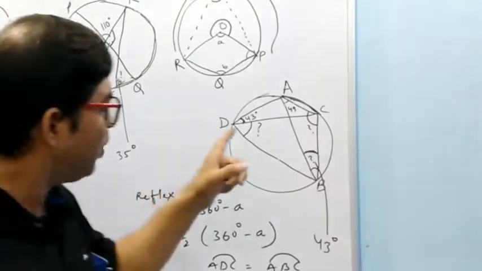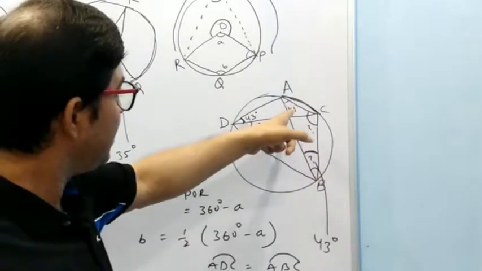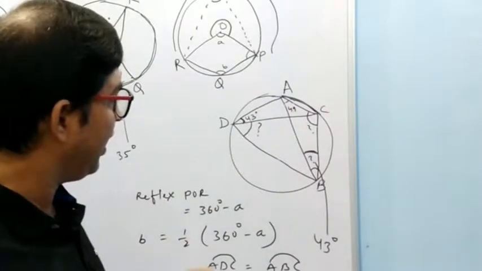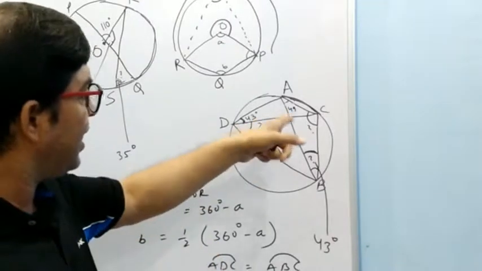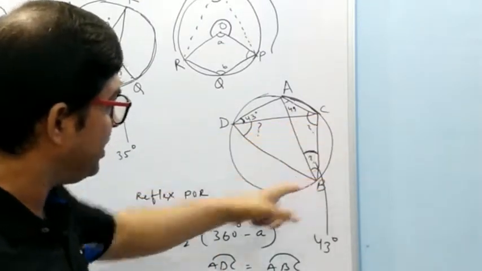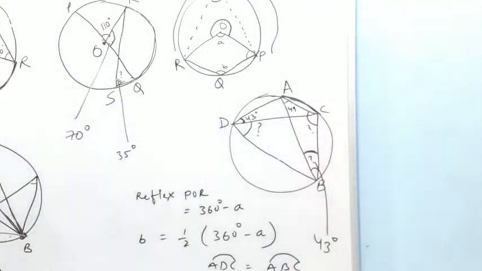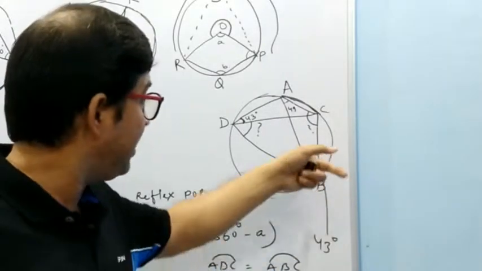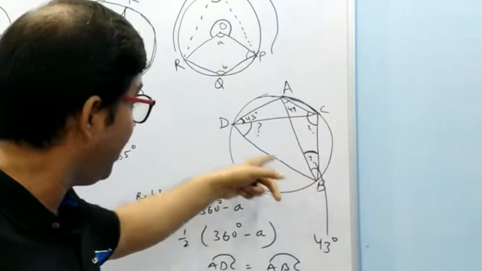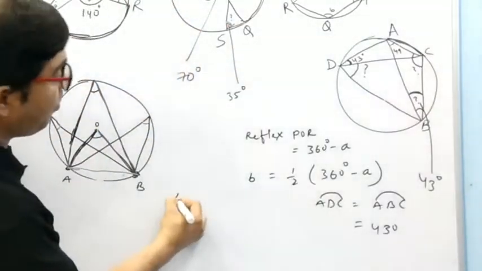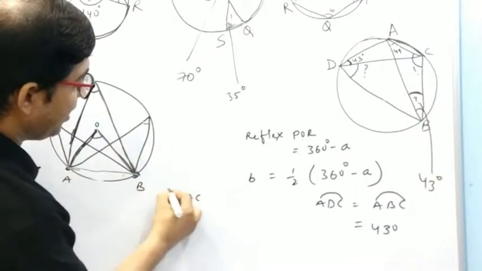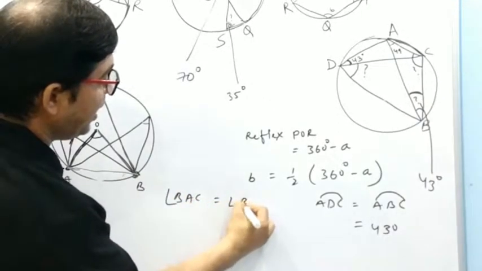Now, whatever more is given, this is given 49 degree. That means BAC. This angle is made by the arc BC. Is any other angle being made by the arc BC? Yes, if you see carefully, this is angle BDC. So we can write angle BAC is equal to angle BDC.